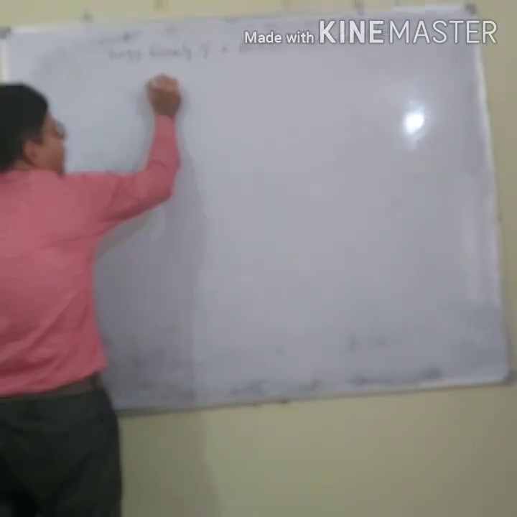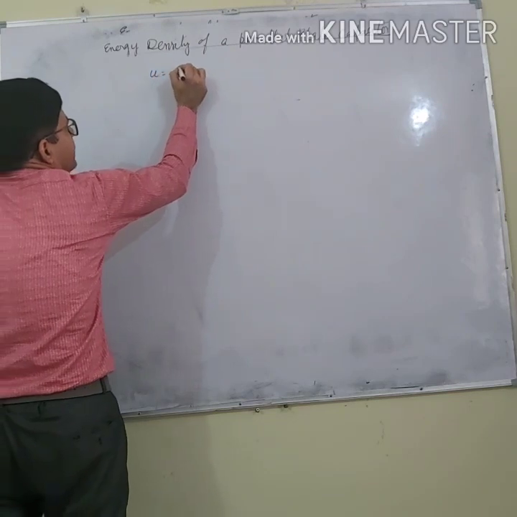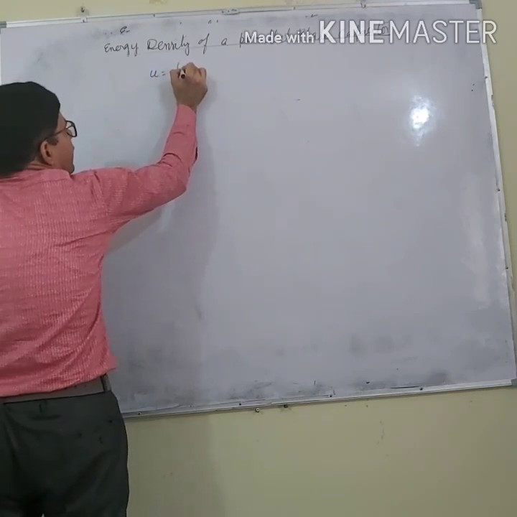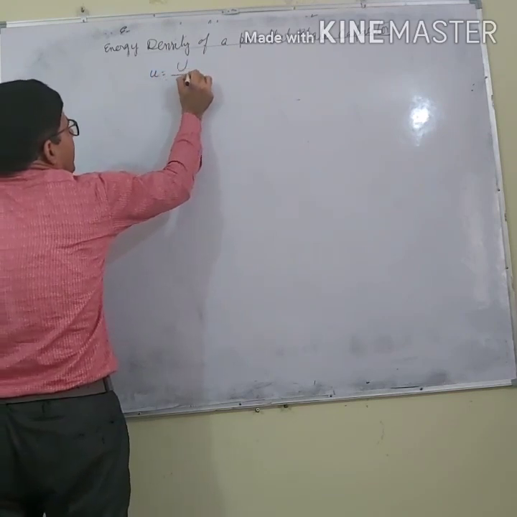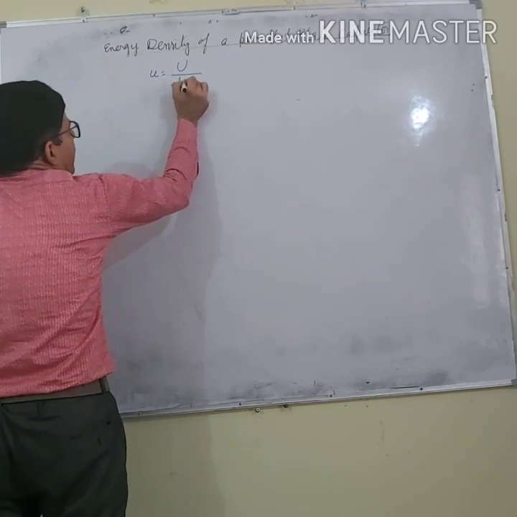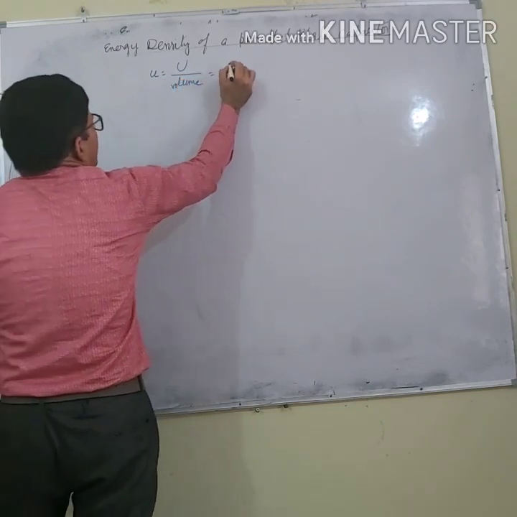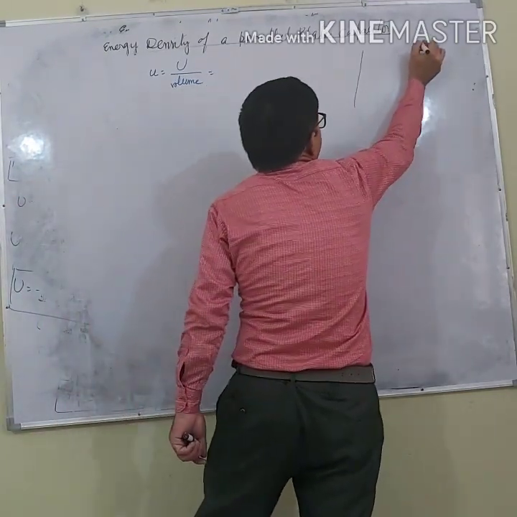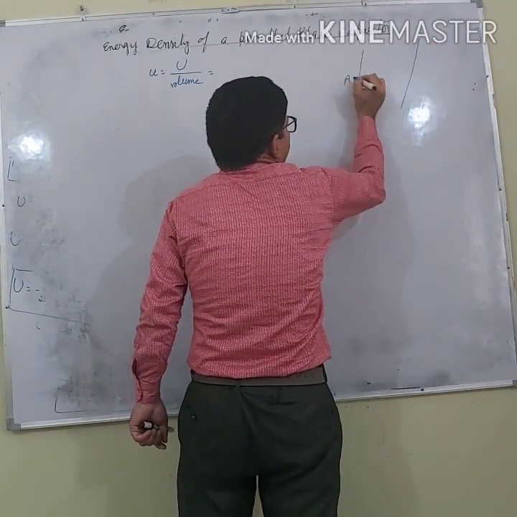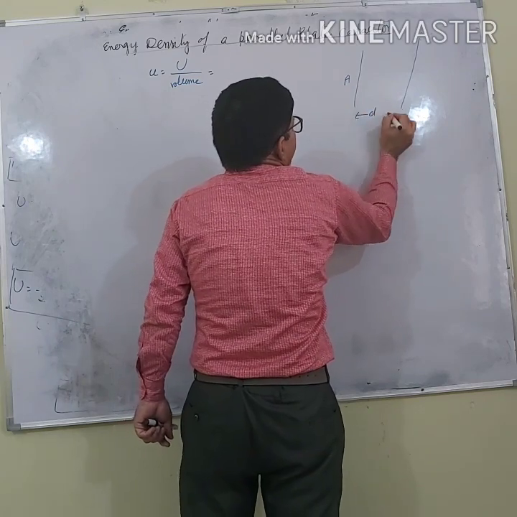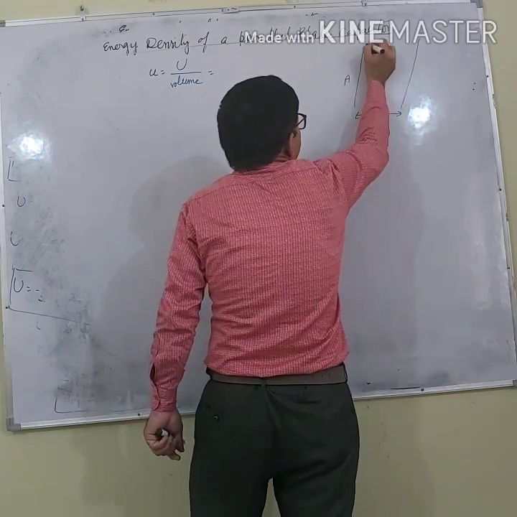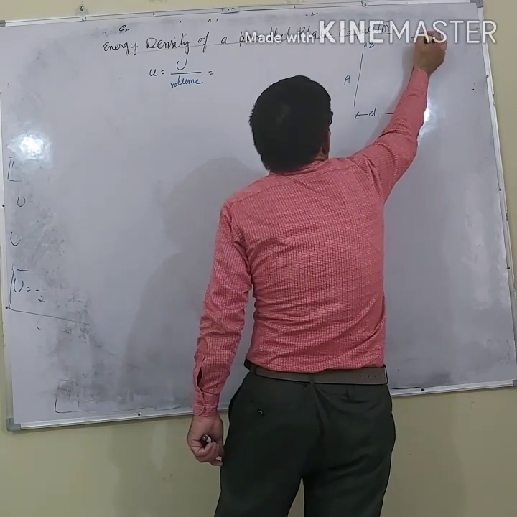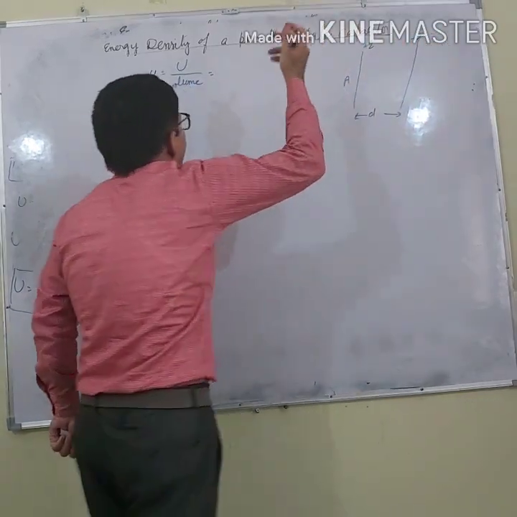So let us say small u represents energy density. It is equal to the potential energy of a parallel plate capacitor divided by its volume. If I am considering a parallel plate capacitor, A is the area, D is the separation between the plates, plus Q charge here, minus Q charge here.